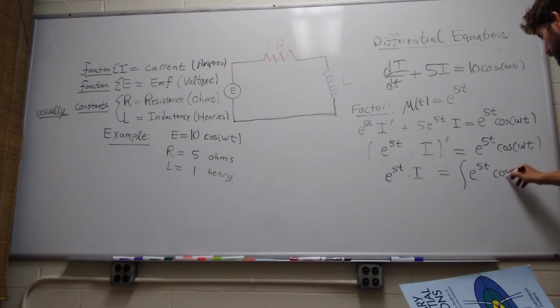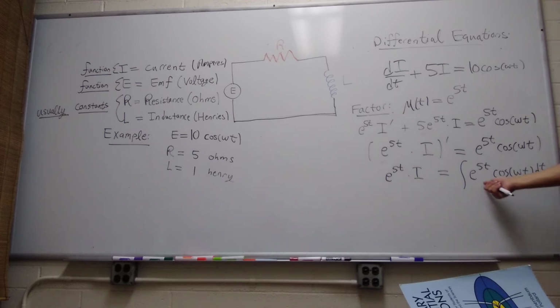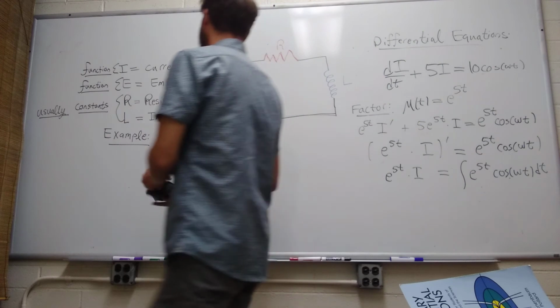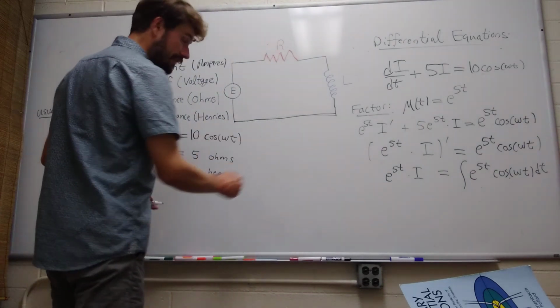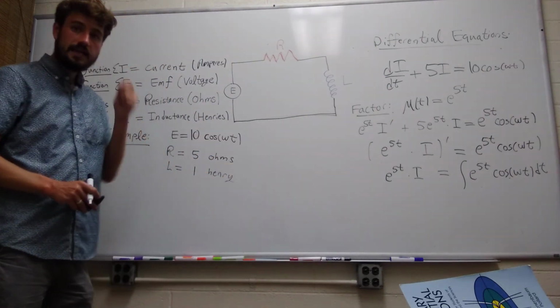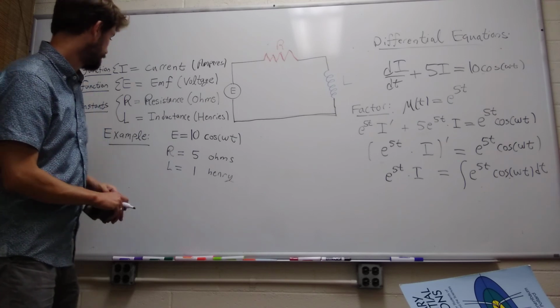Now the problem reduces to an integration problem. It reduces to integrating this function, e to the 5t times cosine omega t. Now, to integrate that requires the technique of integration by parts.